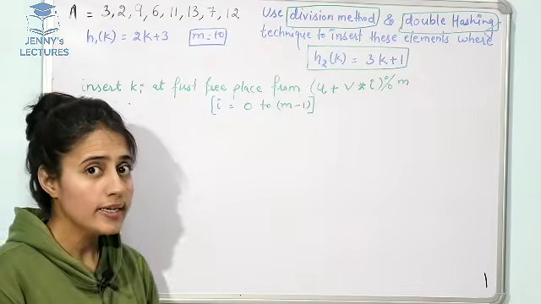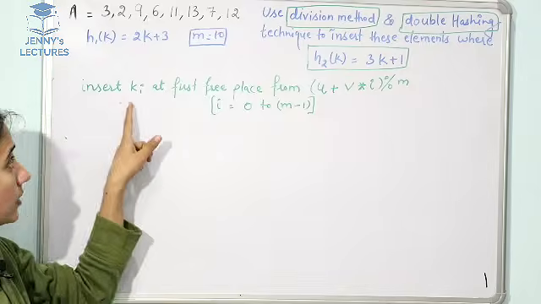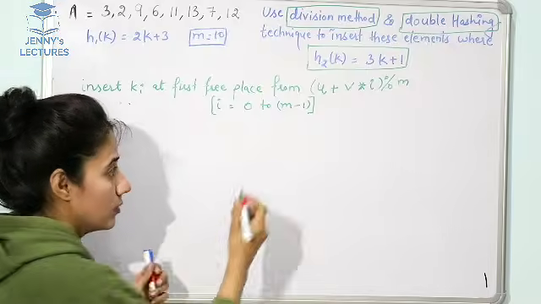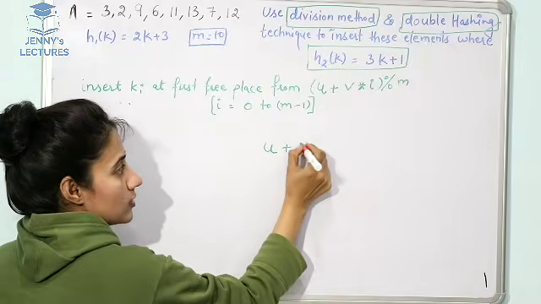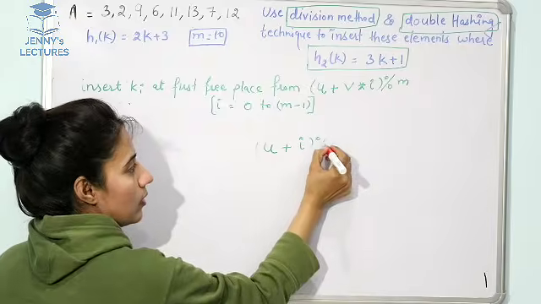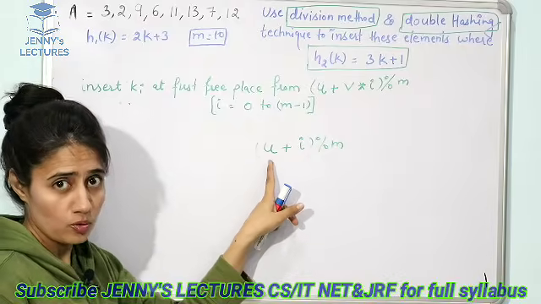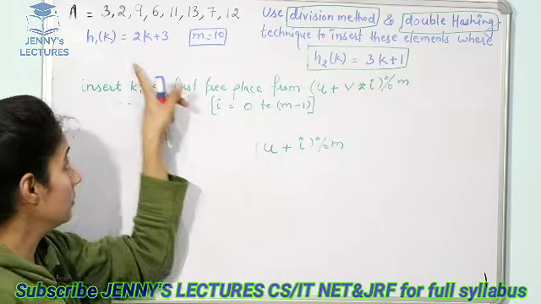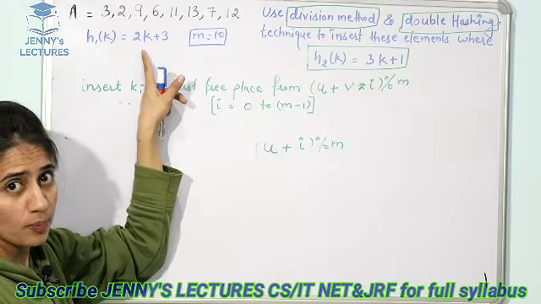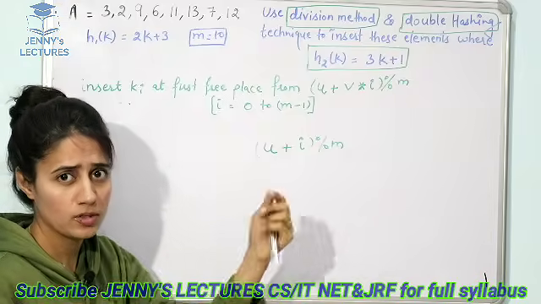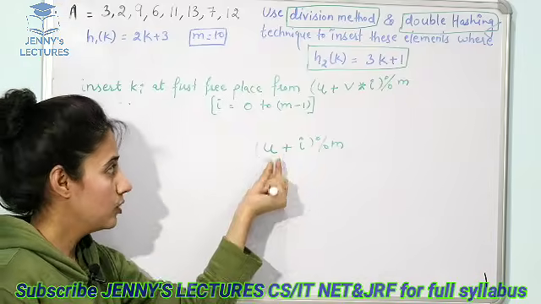See, what was there in the linear probing technique? Insert k at the first free place from (u + i) mod m. This was in linear probing. Here u is the location we calculate using the hash function. When you apply the hash function on the keys, you find one location, and that location we have denoted with u.